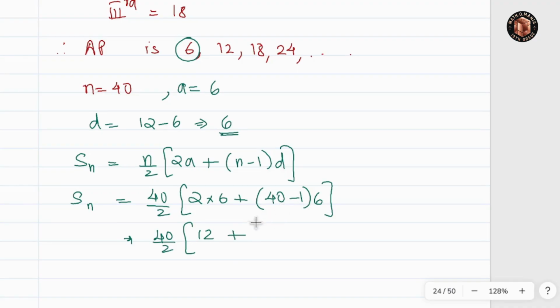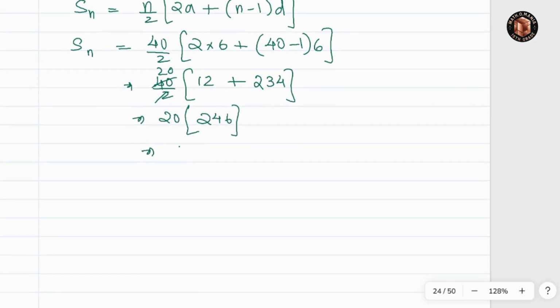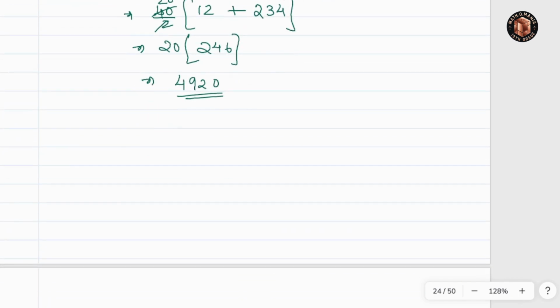What is 39 into 6? It is 234. Therefore, this is 20, right? That is 20 into 12 plus 234. 12 plus 234 is 246. That is 20 into 246, which is 4920.